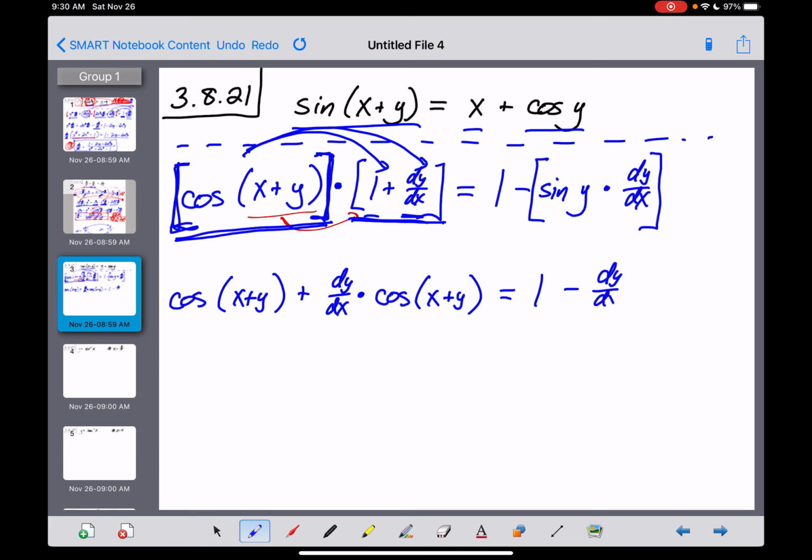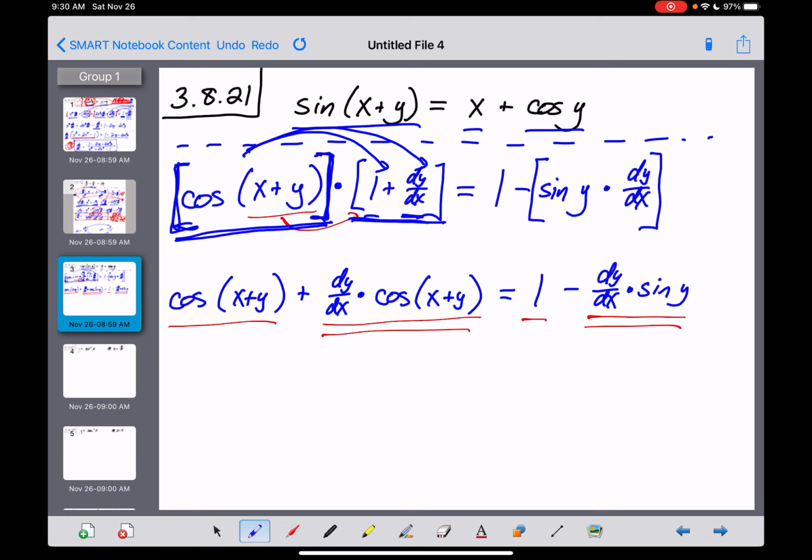I'm going to put the dy dx first, and then multiply that by the sine of y. So what is hopefully now easier to see is that we have 1, 2, 3, and 4 terms in this entire equation, 2 of which contain the dy dx that we need.